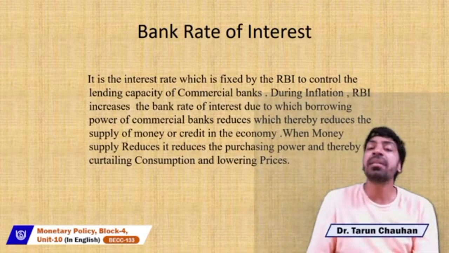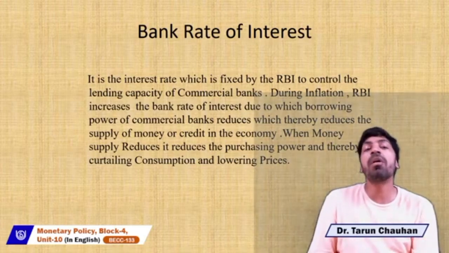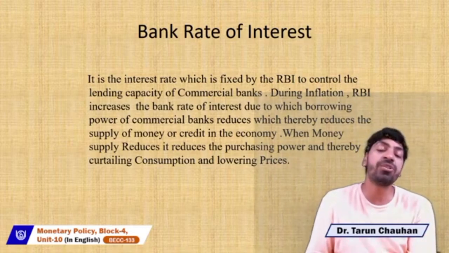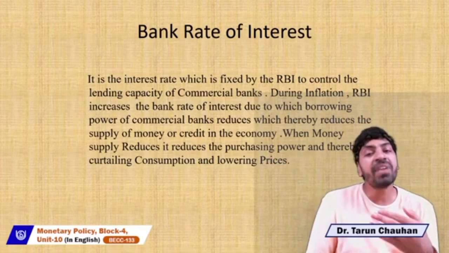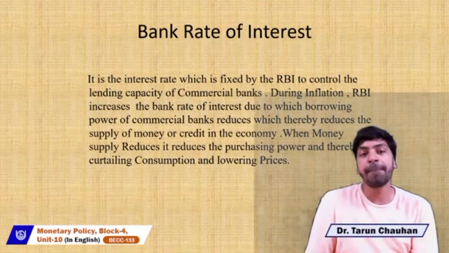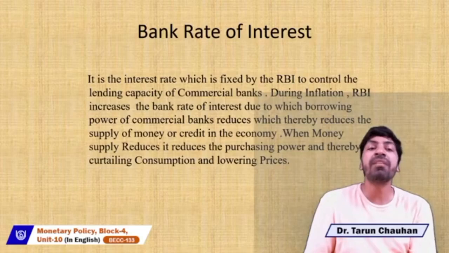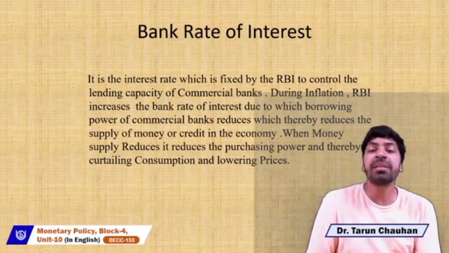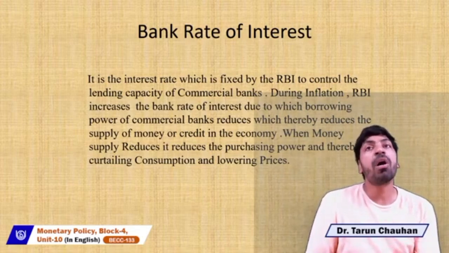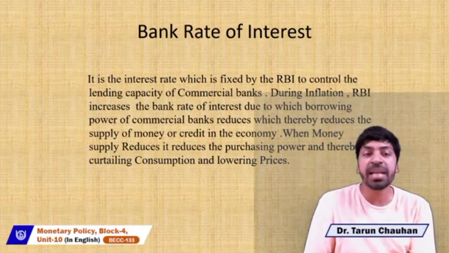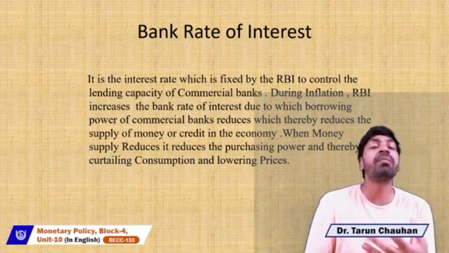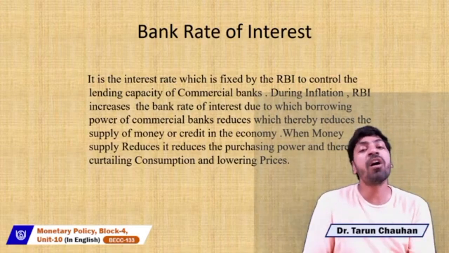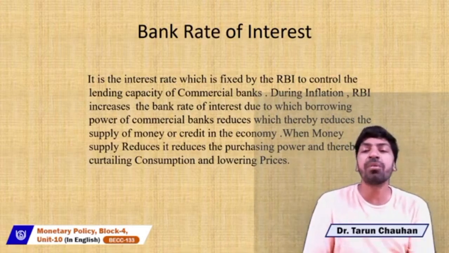The commercial banks are mainly responsible for lending money to the public at the particular interest rate fixed by the Reserve Bank of India. In case of inflation, if the RBI increases the bank rate of interest, the borrowing power of such banks reduces. And if the borrowing power of the banks reduces, it also reduces the supply of money or credit in the economy.